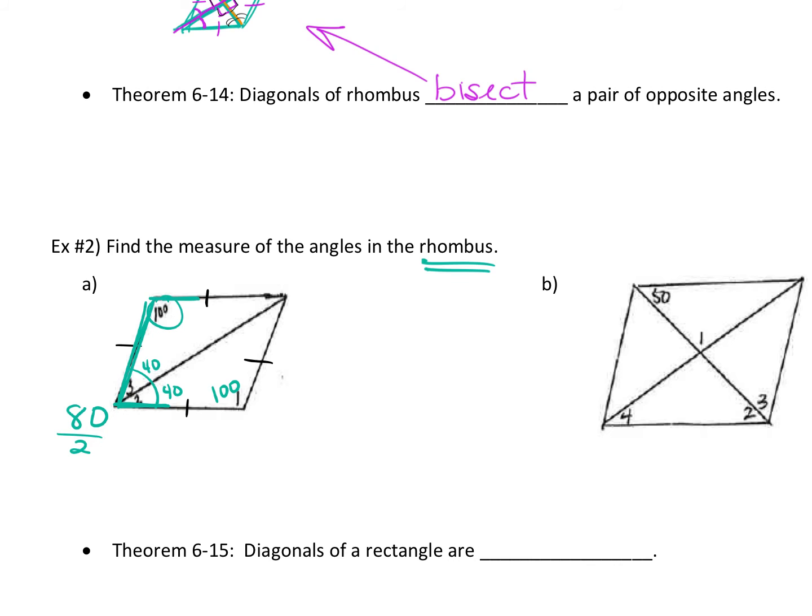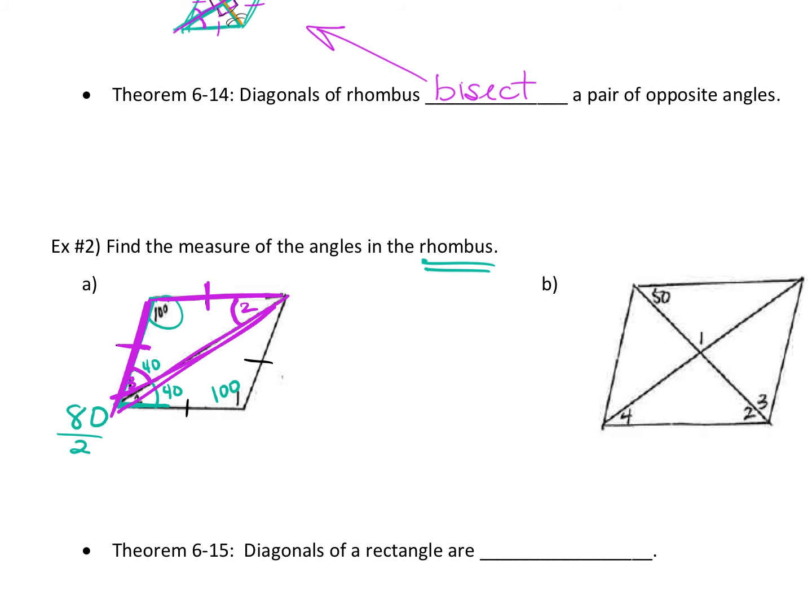You could do corresponding, the 2 in the top one and the 2 in the bottom. You put the 2 here. That would be alternate interior, you could think of it as. Or I would just look at it like this. What kind of triangle is this? It's isosceles. And what do you know about isosceles triangles? Their base angles are congruent, right?